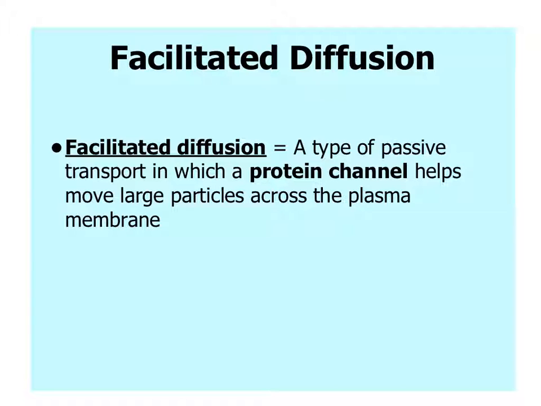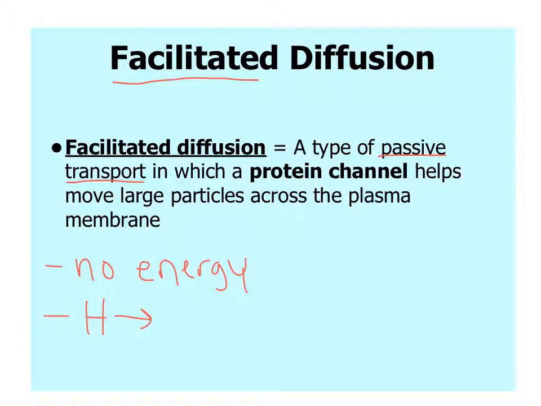Alright, so the good news is that facilitated diffusion is almost the same thing as simple diffusion. They're both a type of passive transport. Remember, in passive transport, no energy is required from the cell. And in passive transport, substances move from high concentration to low concentration. There is only one difference between facilitated diffusion and simple diffusion.